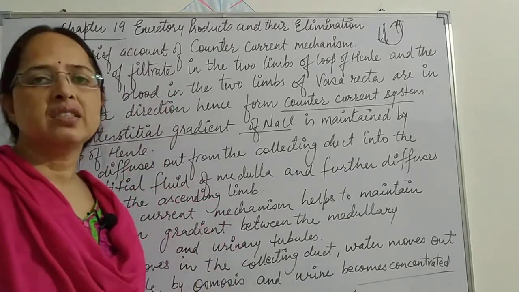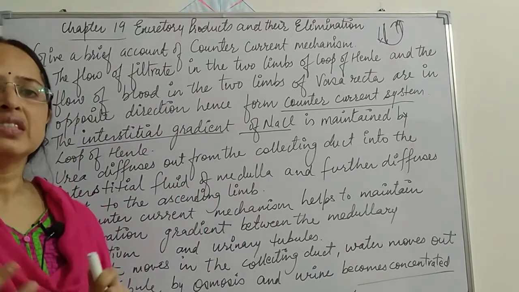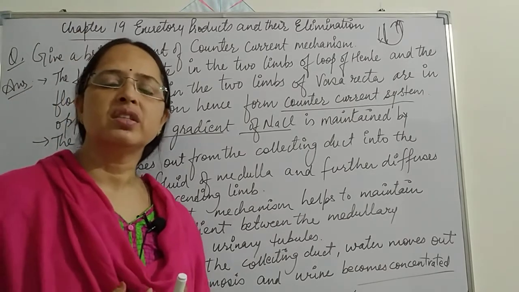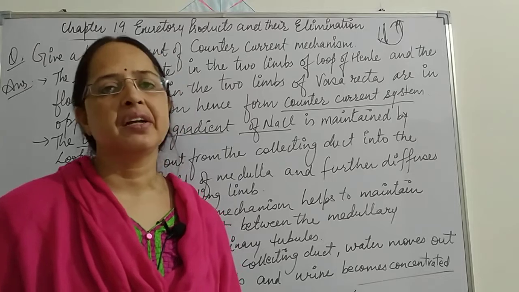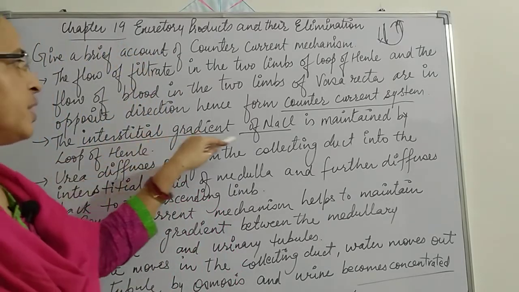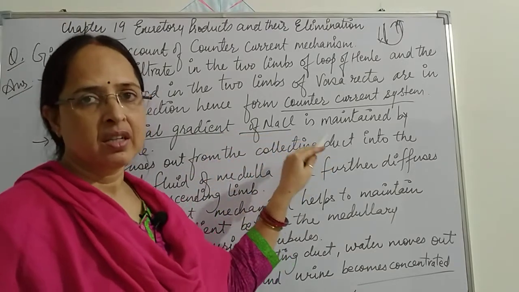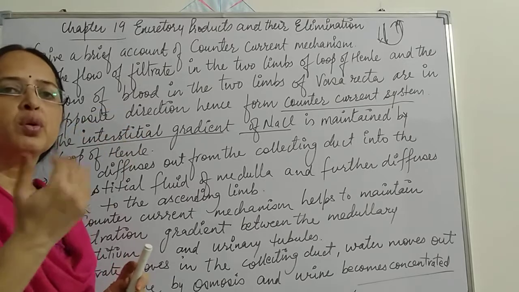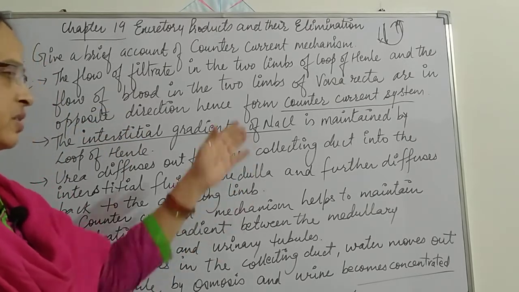The salt concentration, or the gradient maintained by the salts in these cells, is called the interstitial gradient. Here, the interstitial gradient of sodium chloride in these cells is maintained by the loop of Henle, because sodium chloride comes out from it.